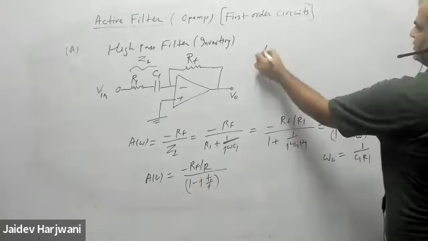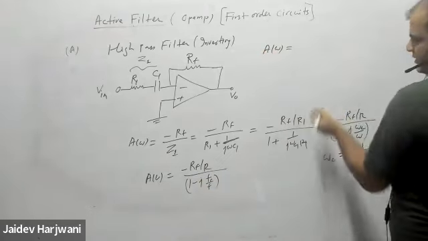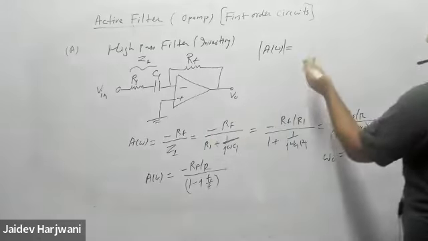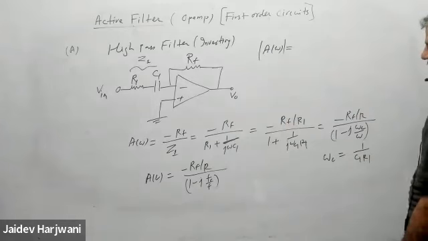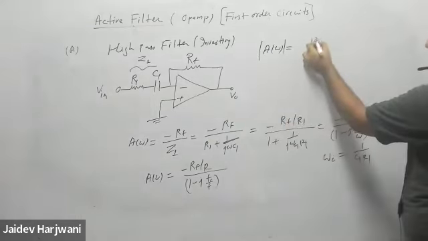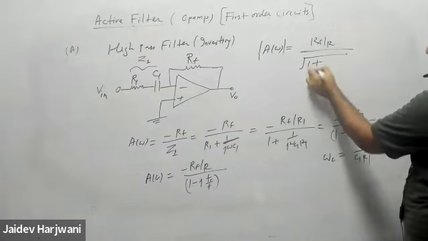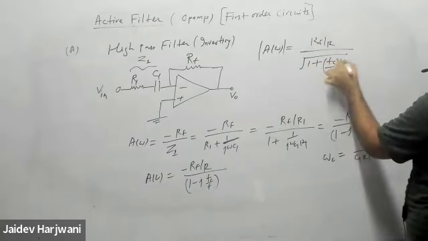I'm not discussing this much further because the same things are coming. For the gain magnitude, the minus will be removed, so no need to put the minus. This will be RF by R1 times the square root of 1 plus fC upon f whole square.